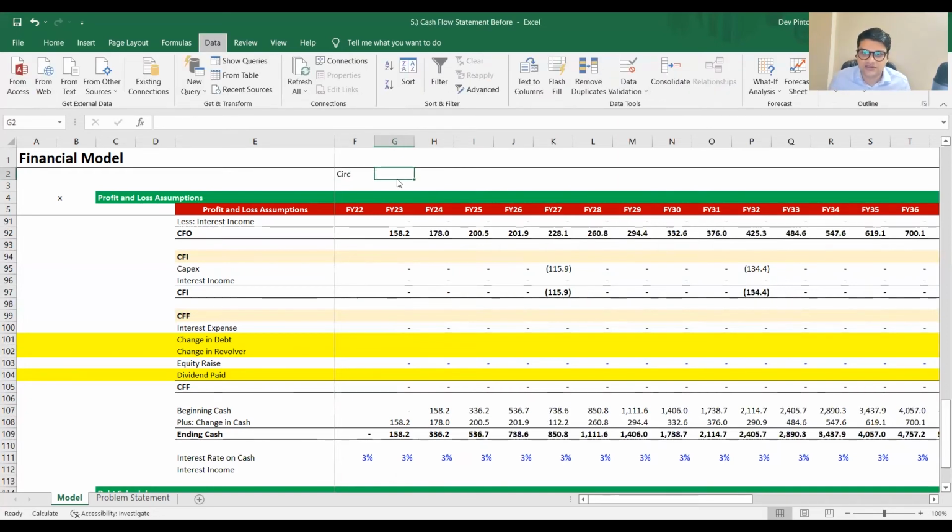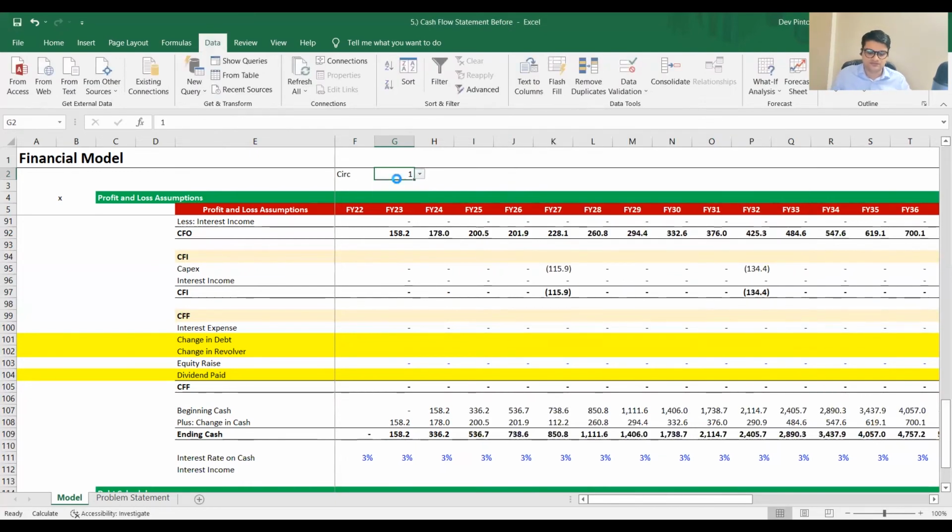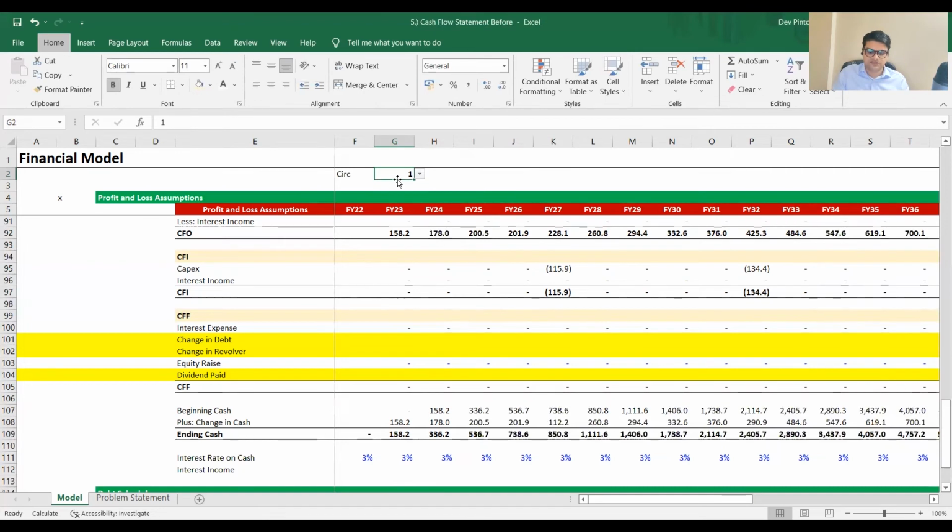Let's just say 0.1. Right. Let's just name this cell circ over here so we can use it throughout the model without having to look up what cell that is.